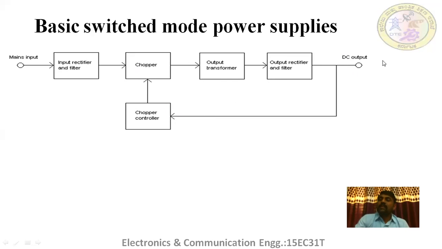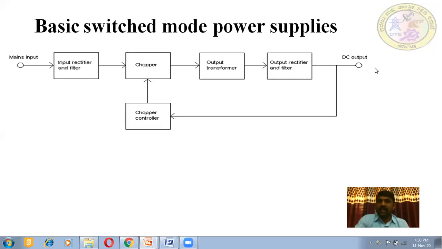If the output voltage deviates or tries to change from the desired value, that is recognized by this controller. This controller generates a control signal proportional to the error, and this is the control input for the chopper.